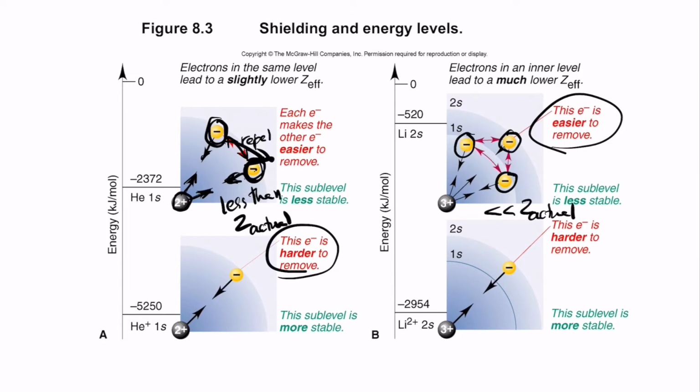That net charge is what we call the effective charge. And this effective charge is what determines it: the higher the effective charge, the harder it is to remove the electron. The lower the effective charge, the easier it is to remove the electron.